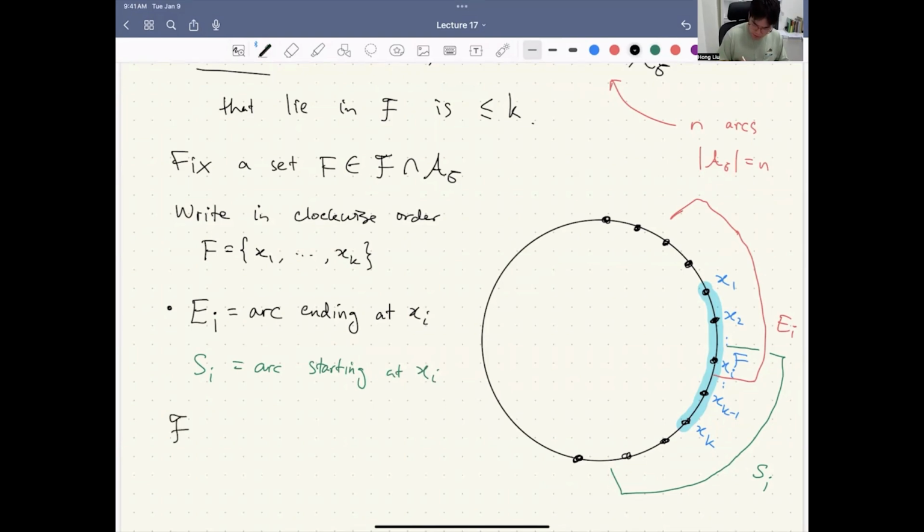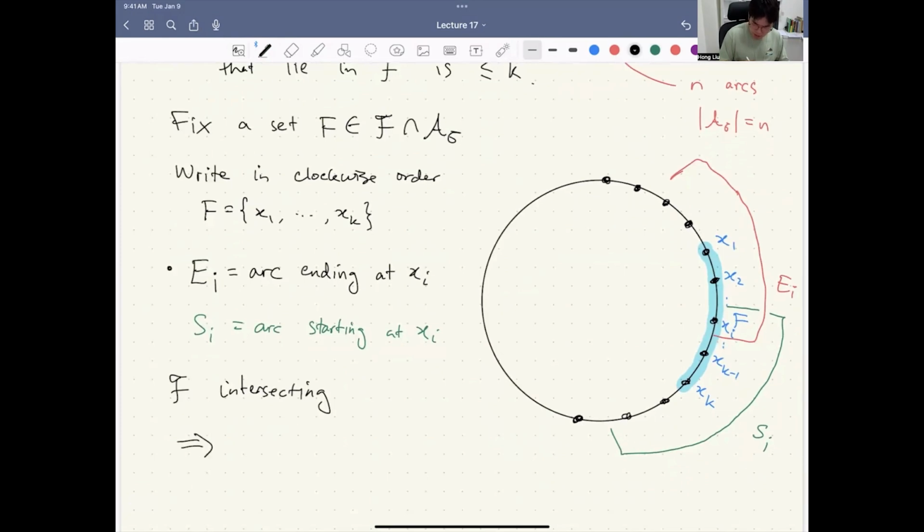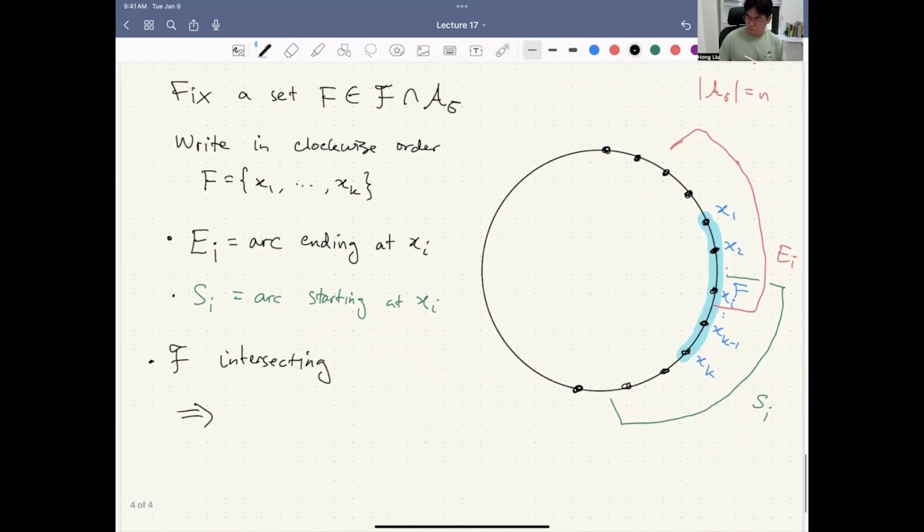So now as F is intersecting, it implies that all sets in A sigma intersect F. All arcs in sigma that could possibly be in F have to be those intersecting F, right?